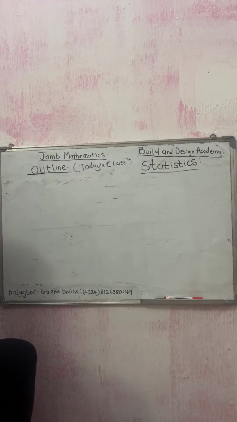So for categorical variables, we have two types of categorical variables. We have what we call categorical and ordinal, and we have what we call categorical and nominal.